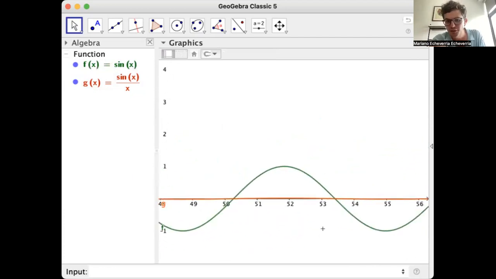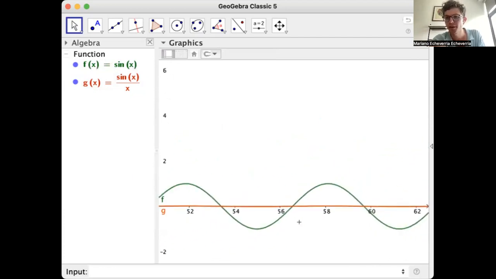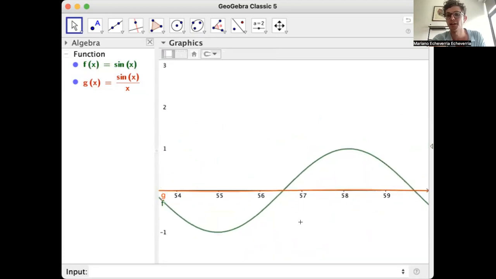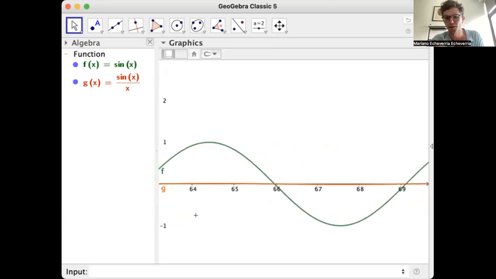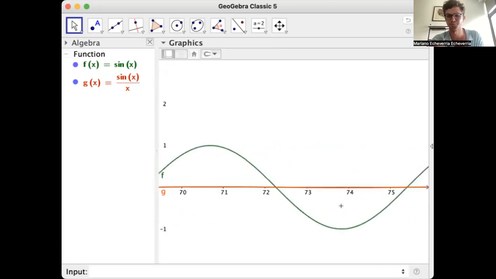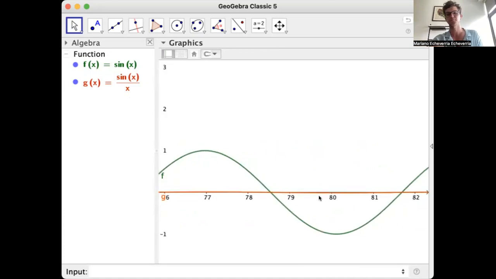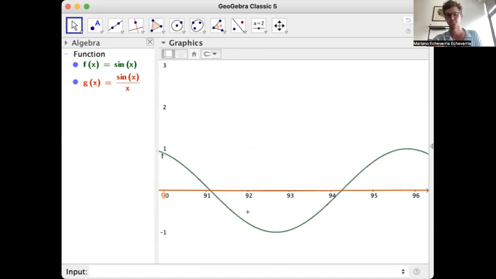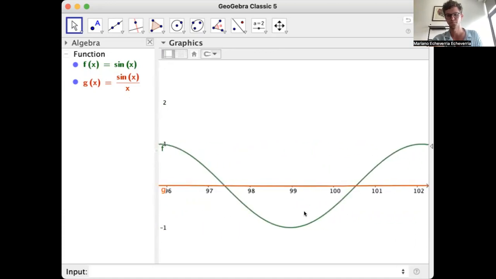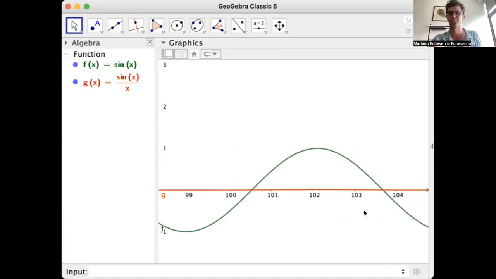So if I asked you for the limit as theta goes to infinity of sine of theta over theta, what do you think the limit should be? Now when we send this to infinity, for the orange one.